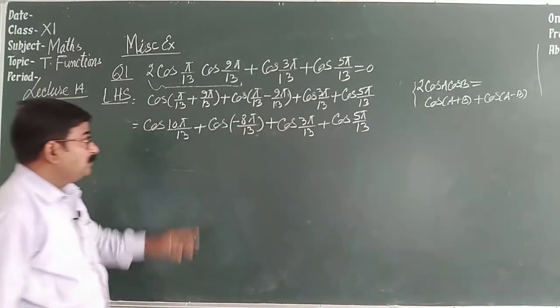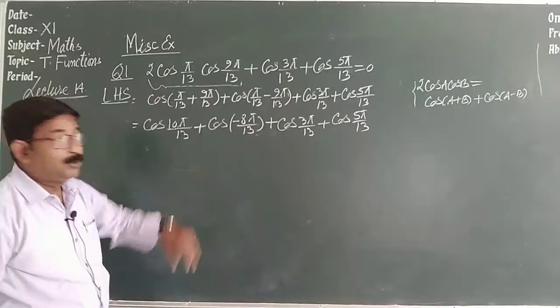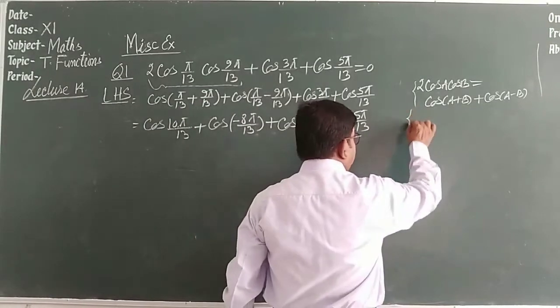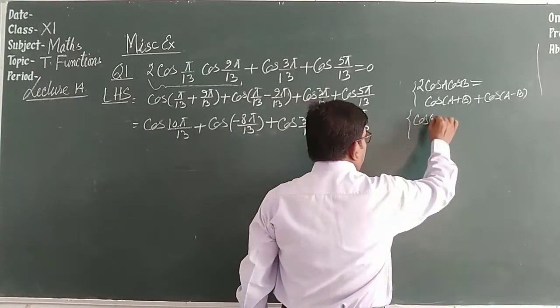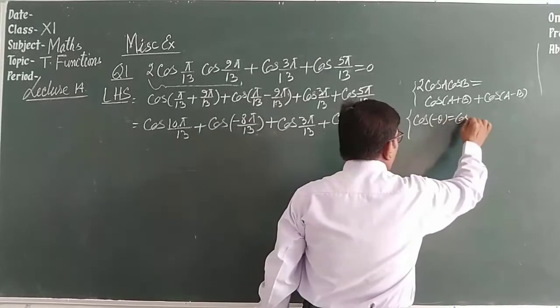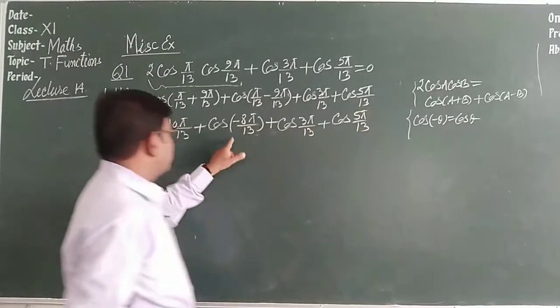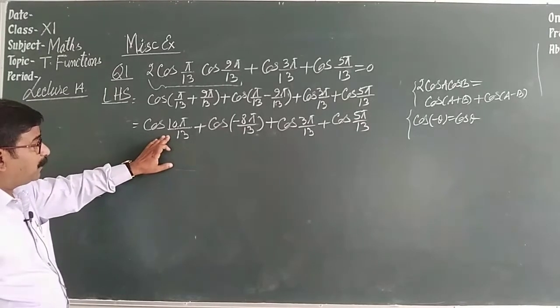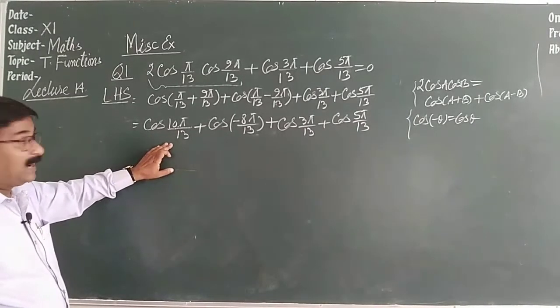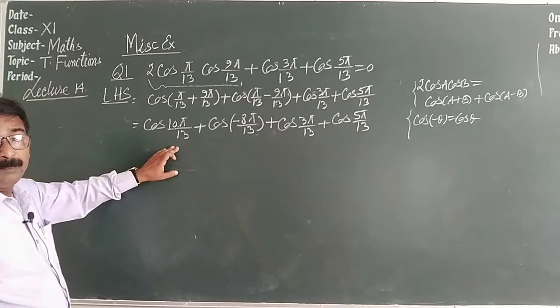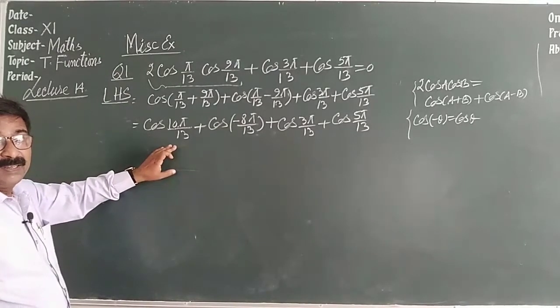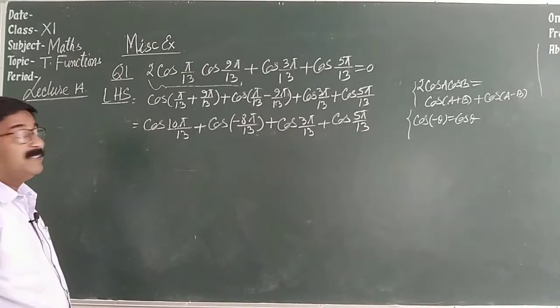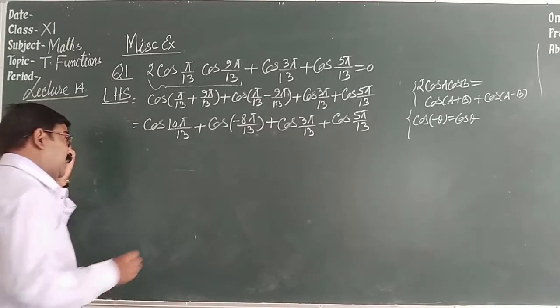You know the formula, cos minus theta is equal to cos theta. I am writing every formula on the side. Cos minus theta is equal to cos theta, so this becomes positive. Now 10 pi by 13 we can write as cos(pi minus 3 pi by 13).